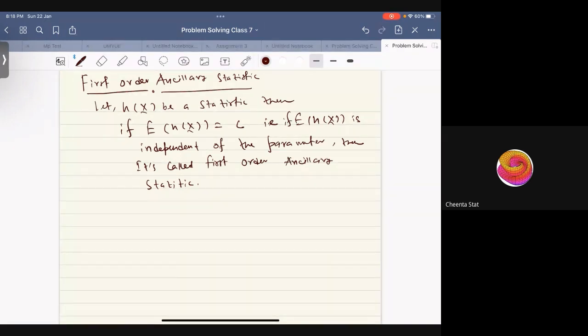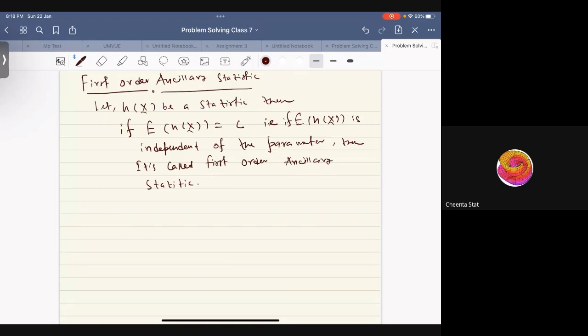So our target is to reduce; it's a data summarization process. Then we come to minimal sufficiency, where we reduce the dimension of the data and summarize it, but 100% of the information is contained in the statistic, right?